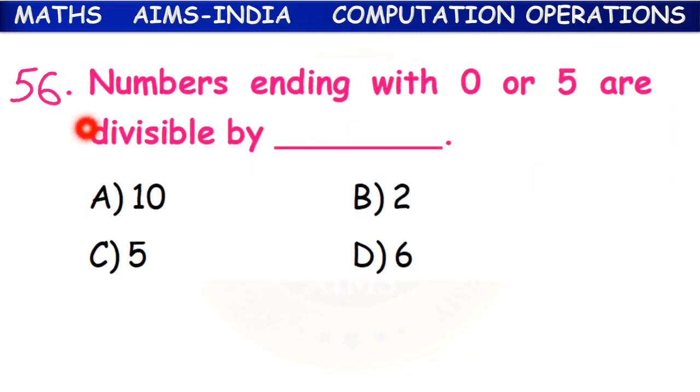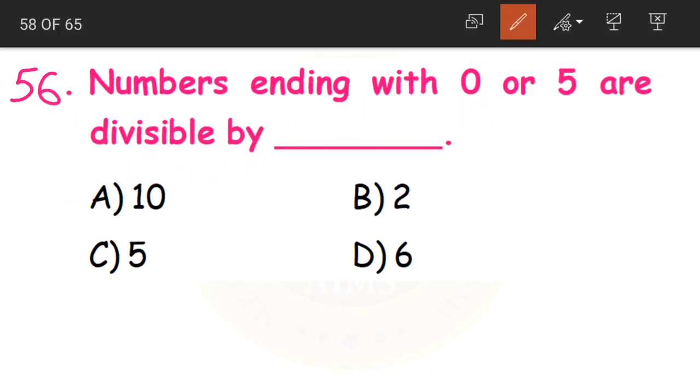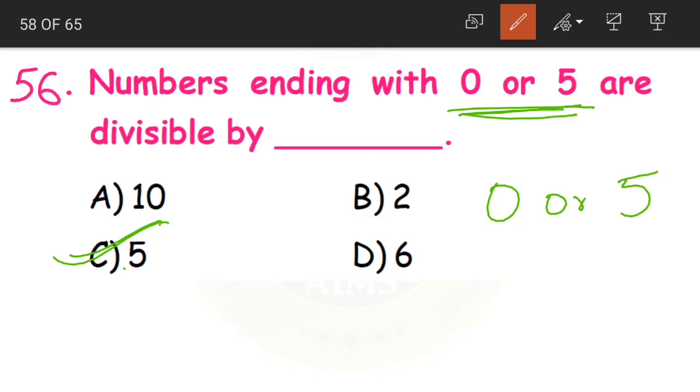Next question, 56. Numbers ending with 0 or 5 are divisible by dash. We need to remember that the numbers that end with 0 or 5 are divisible by 5. If you want, you can check the fifth table as well.